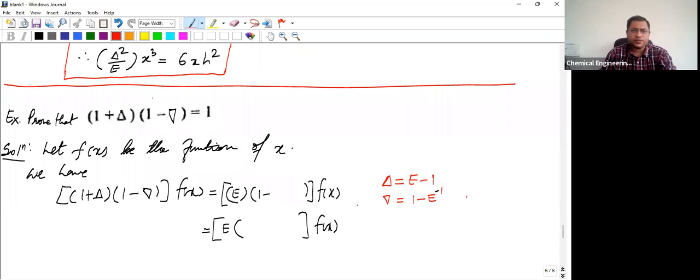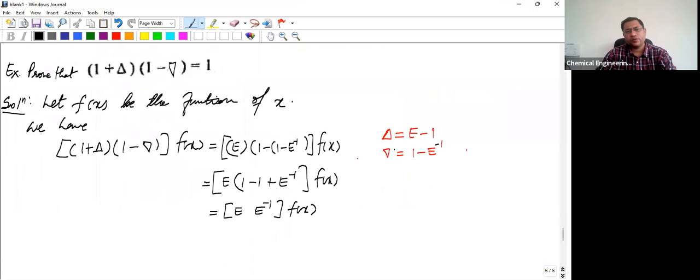So it is going to be 1 minus E inverse. So here we have 1 minus E inverse. Now this is 1 minus 1 minus minus plus E inverse, so we get E inverse operated on f of x.